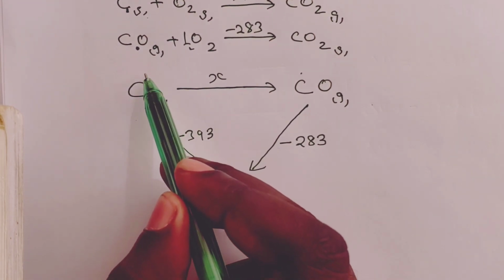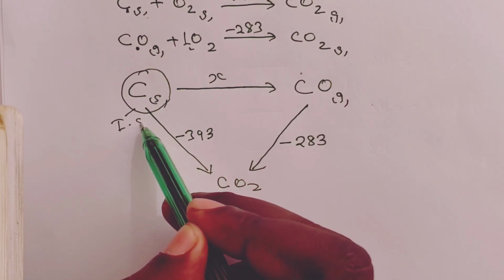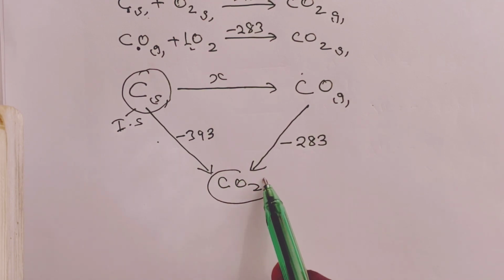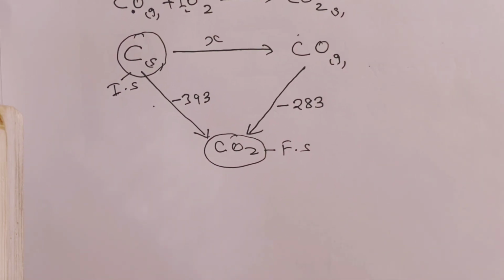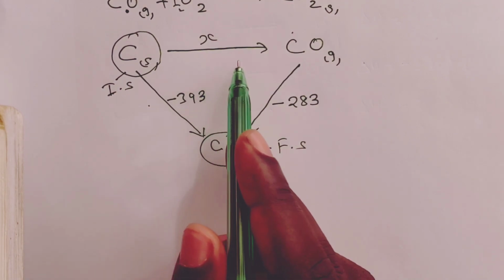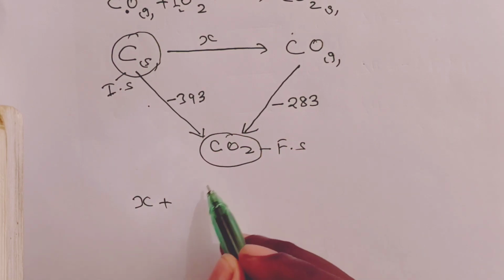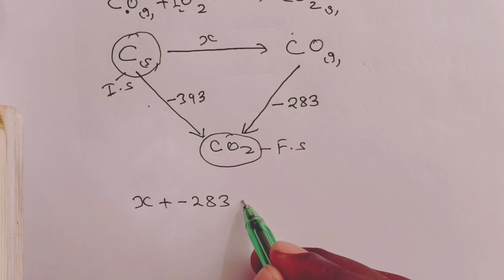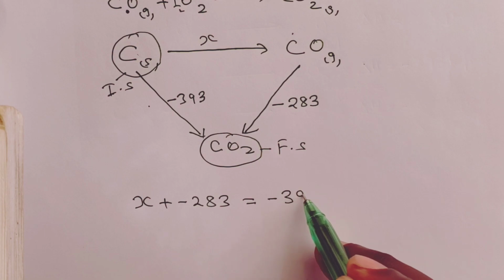Candidates should take note, this is where we are originating. This is our initial state of our system, and all the arrows lead to this, which is now our final state. So by Hess's law, we will then get X as follows. The enthalpy of formation of carbon(II) oxide, which we are asked, X, if you add to negative 283, this is our route 1, should give the same amount of heat energy as route 2, negative 393.